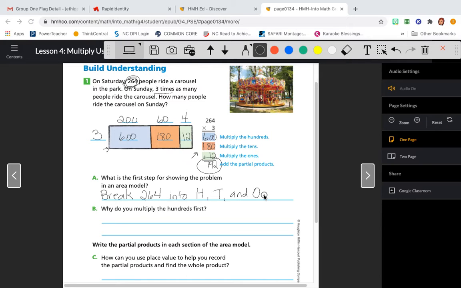It's set up so that we start multiplying on the left side of our model. So because we're starting on the left side, we're starting in the greatest place value first, which is our hundreds, which means I'm going to multiply the hundreds first. So we can say our area model goes left to right.